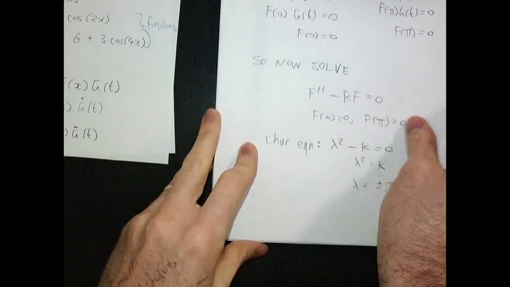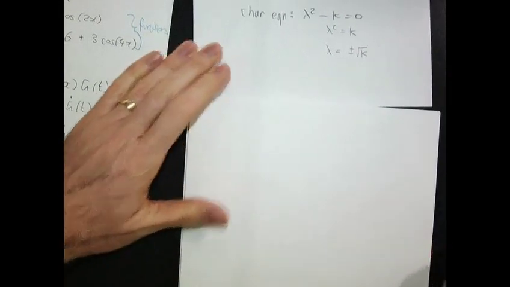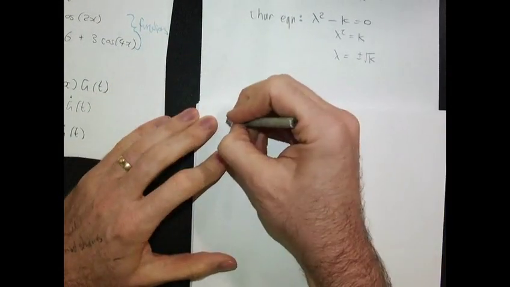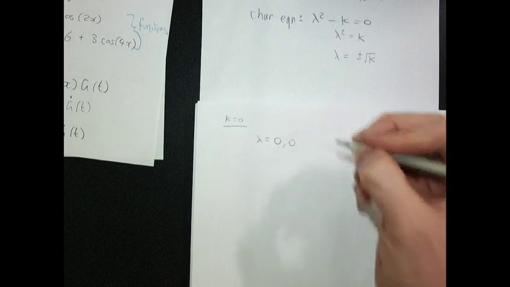So here we go. k equals 0 will mean that lambda is actually just two zeros. It's plus root 0 and minus root 0, which is just two zeros. So I've got a repeated root.